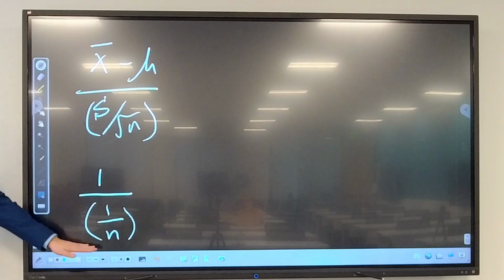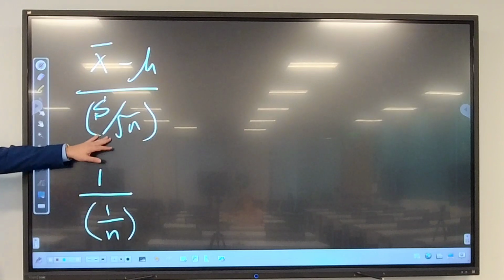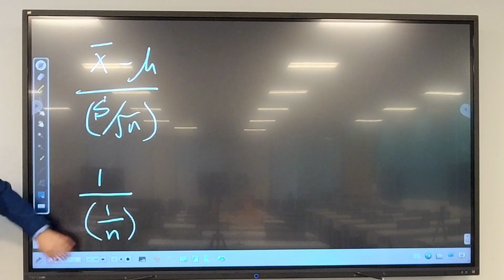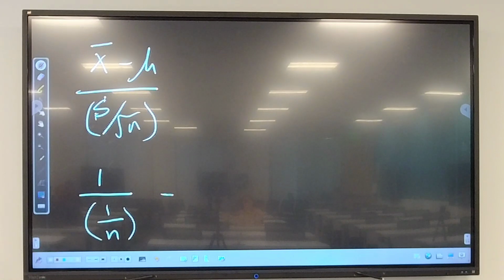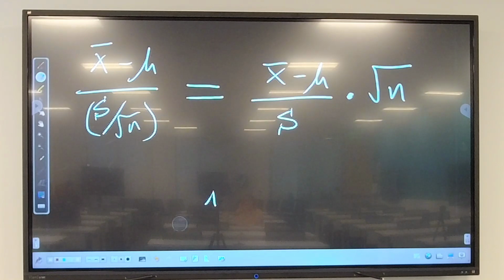It's in the denominator of the denominator. But the denominator of the denominator algebraically simplifies to just be up here. It's just n. So this computation can really be x bar minus mu over s times the square root of n. They're the same thing.